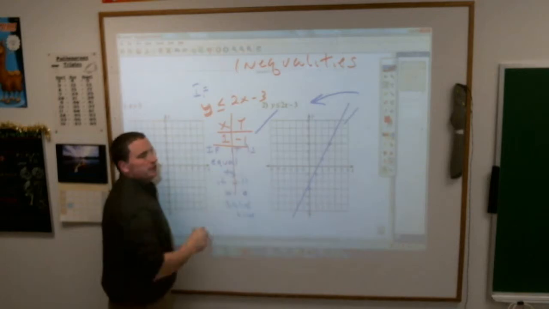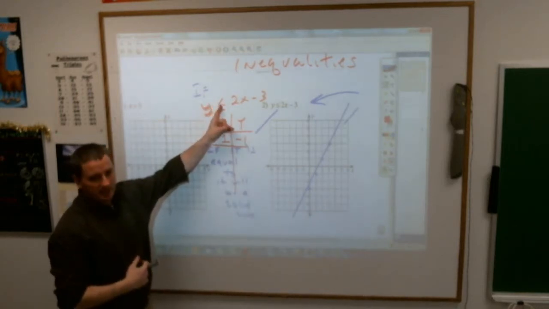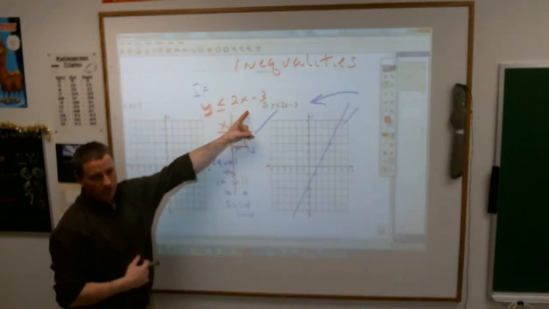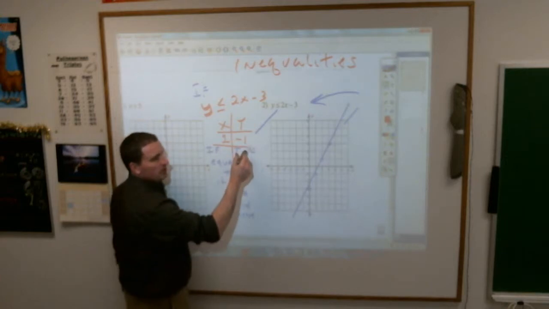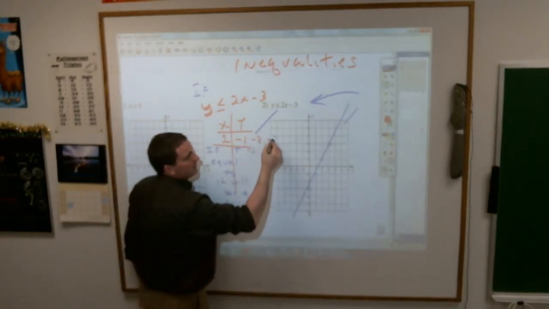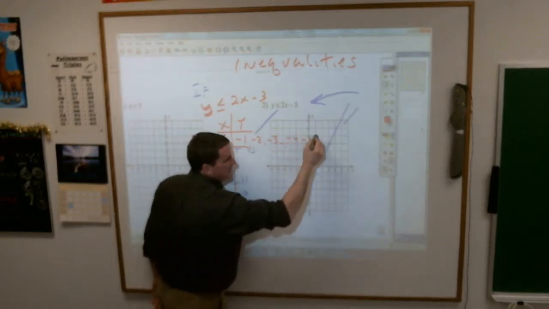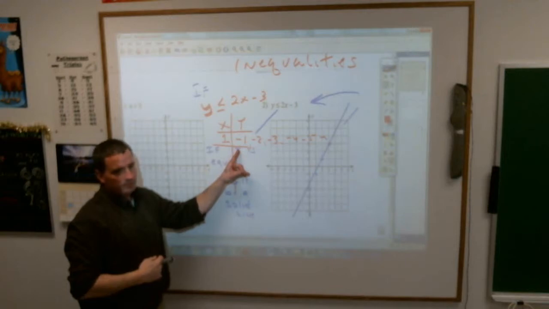But y wouldn't only be negative 1, because I'm now saying y is less than or equal to negative 1. So y could be negative 1, but it could also be anything less than negative 1. It could be negative 2, negative 3, negative 4, negative 5, negative 6. Any of those work because they're all less than negative 1.